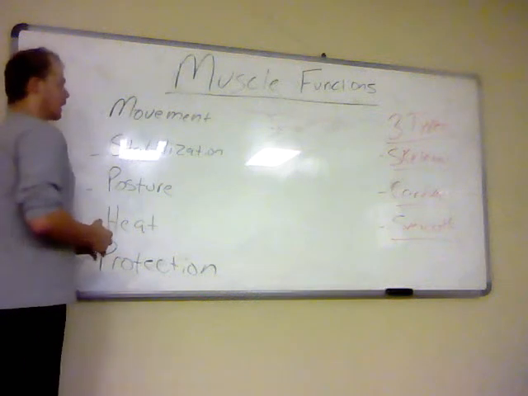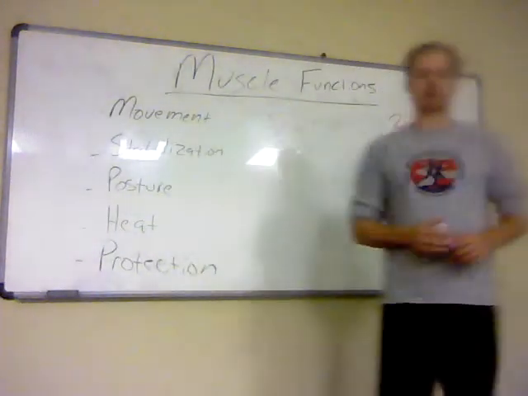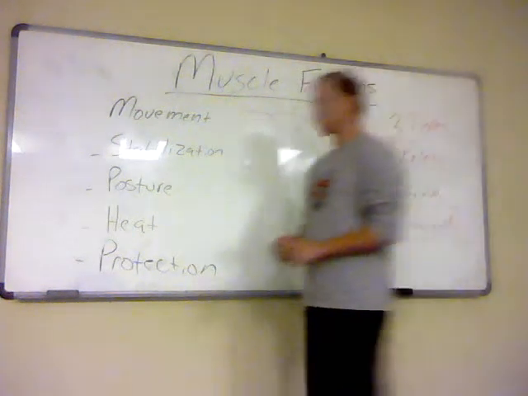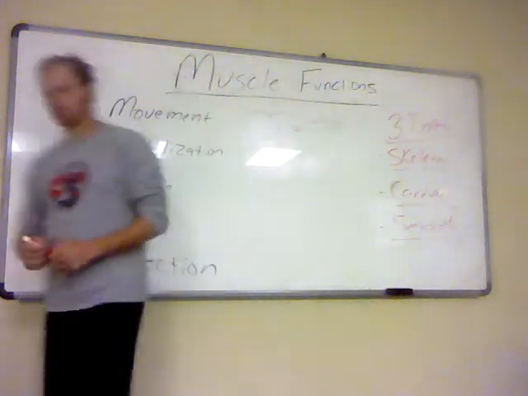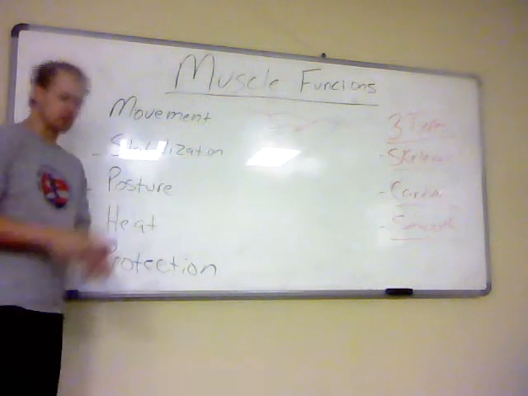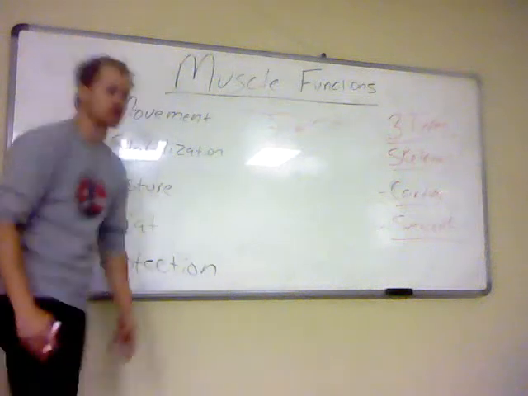Okay, stabilization. When we're talking about stabilization, the main type of muscle you think about here is skeletal muscle. When you think of joints, you have lots of tendons crossing joints. You have lots of muscles just around joints in general.